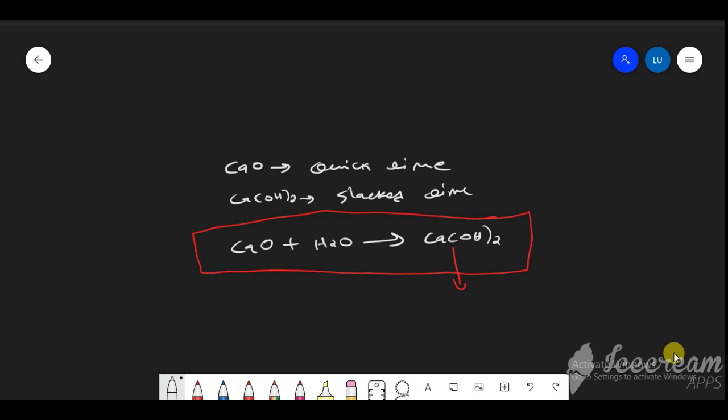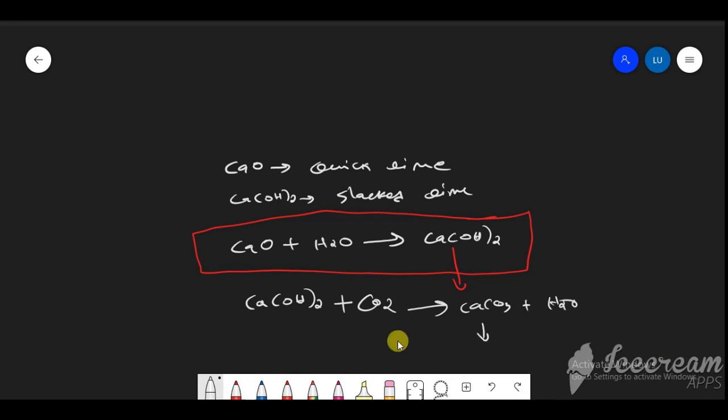After whitewashing, the calcium hydroxide, slaked lime, slowly reacts with the carbon dioxide in the atmosphere and generates calcium carbonate plus H2O. The calcium carbonate formed here provides a white shiny appearance to the wall, and hence it is used for whitewashing the wall. This is the chemistry behind why we use calcium hydroxide for whitewashing.